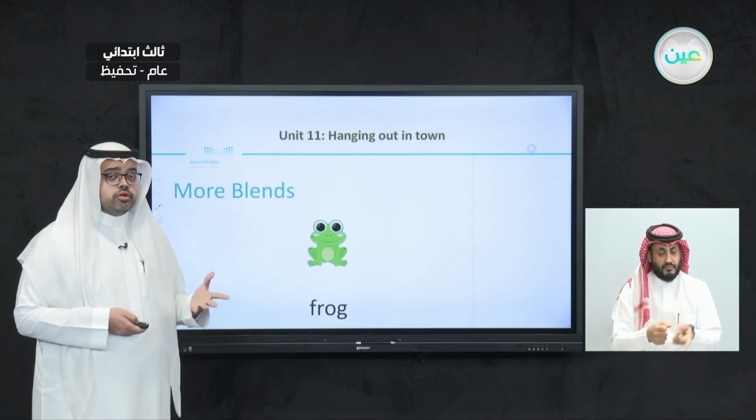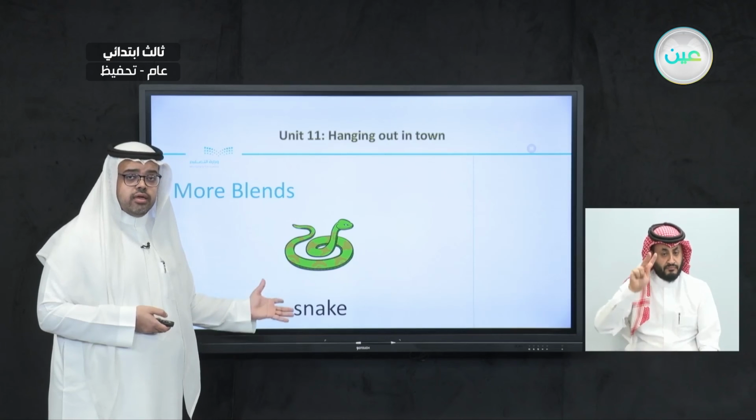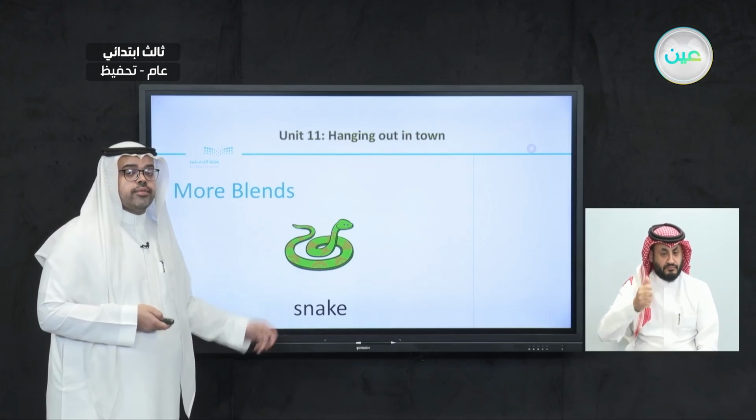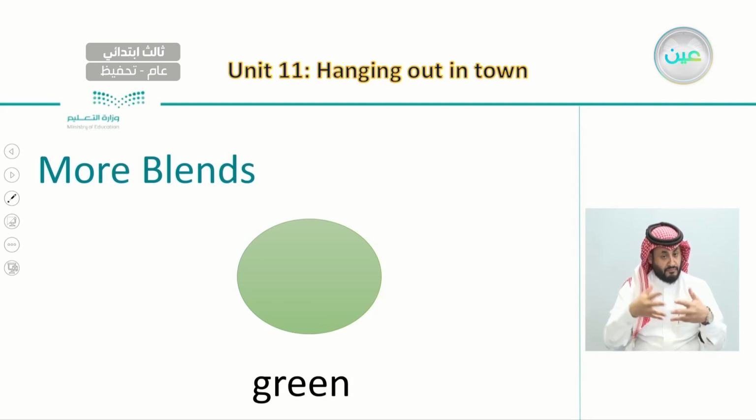Also, the third blend starts with S and N, for words like snake, snake. And also, we have another blend that starts with G and R, for words like green, green.